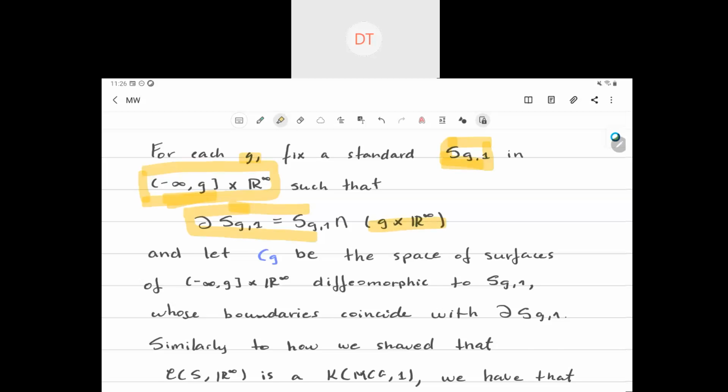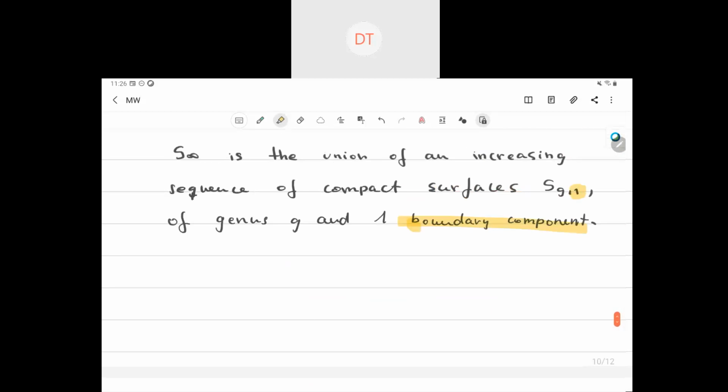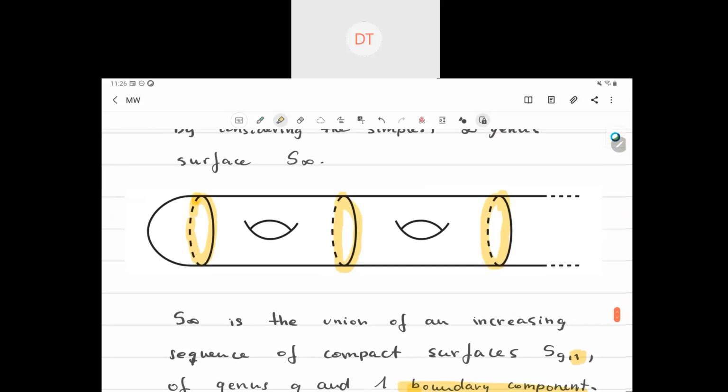Maybe going back to our picture here, we choose this S_0,1 and S_1,1 and so on, like I said before. Then along this axis we have, from minus infinity, and then here we cut at 0.